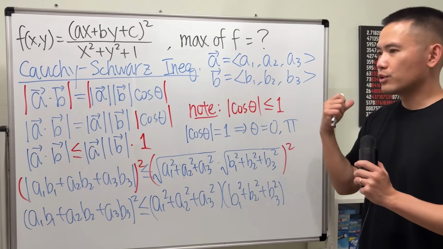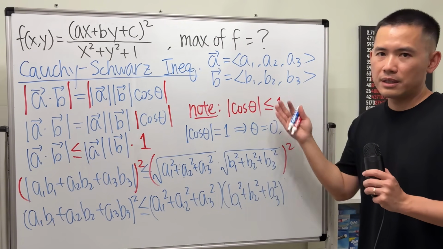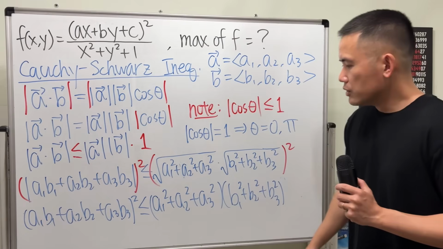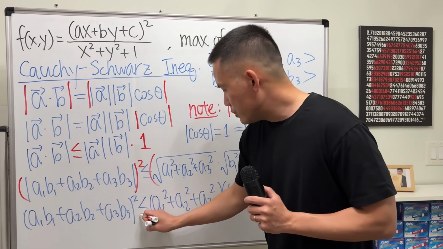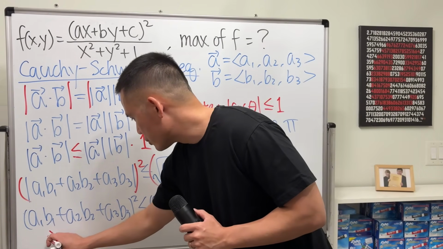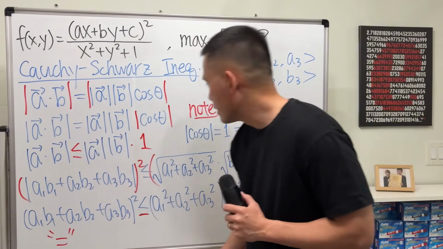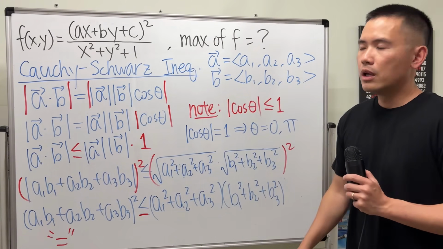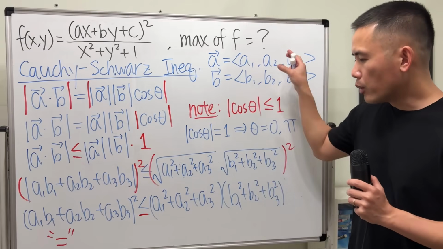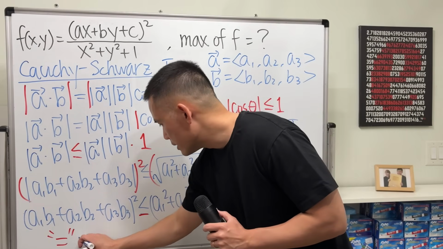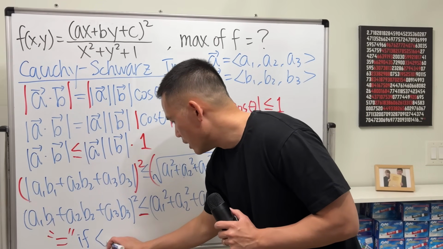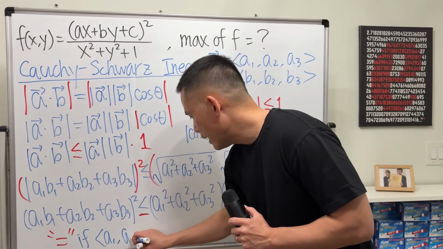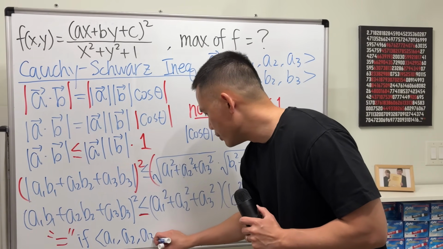If it's pi, they're just going in opposite directions, but they're still parallel. So, in order for us to reach this equality, we have to make sure that A and B are parallel, and putting it in component form, I can say this happens if A1, A2, A3.